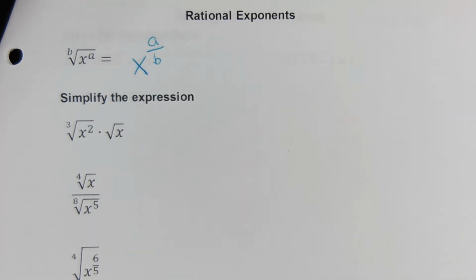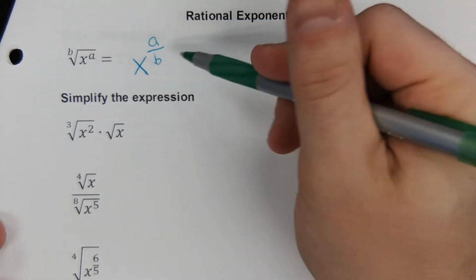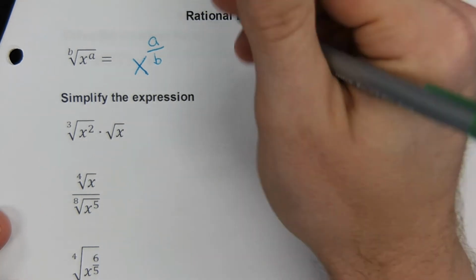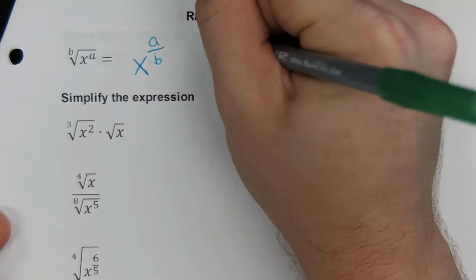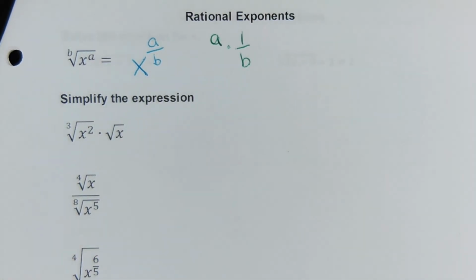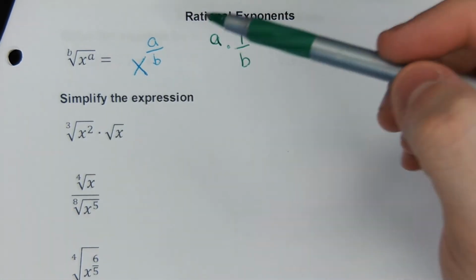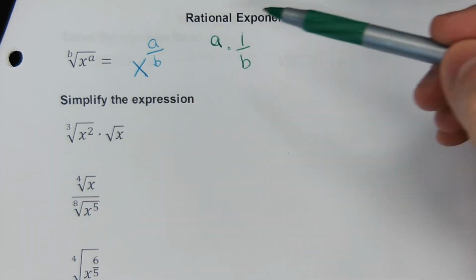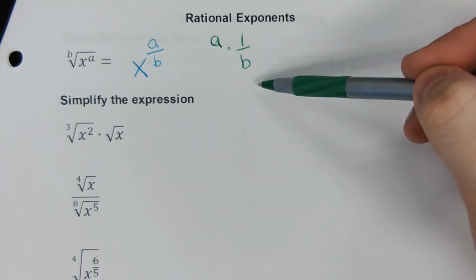You guys believe me when I say that multiplication can be done in any order? 2 times 3 is the same as 3 times 2, right? That makes sense? Okay. Well, this right here, this a over b, isn't it true that a over b could actually be written as a times 1 over b? Like if this said, just for example, 2/5, couldn't I have said 2 times 1/5?